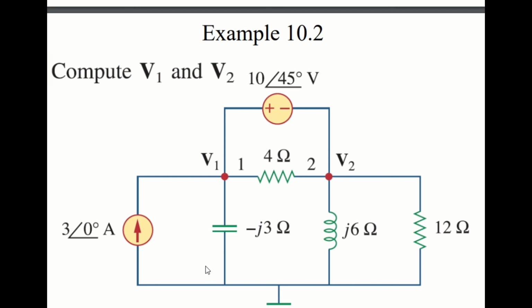If you remember about the supernode, it says that if there's an independent or dependent voltage source between two nodes, they become a single node, which is a supernode.